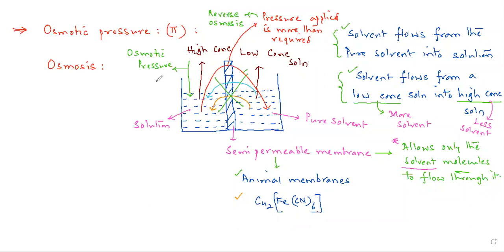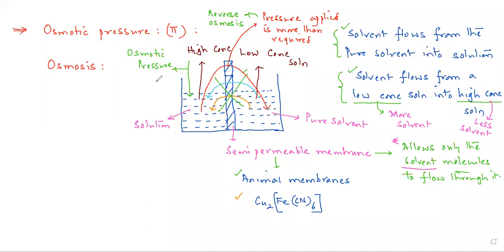So there are three very important points in this. The first one is, in regular osmosis, solvent flows from a pure solvent into solution. Point number two, you can also define it as a phenomenon in which the solvent flows from the low concentrated solution into high concentrated solution till the concentration in both the halves becomes the same. Now, to prevent this, pressure has to be applied on the solution.